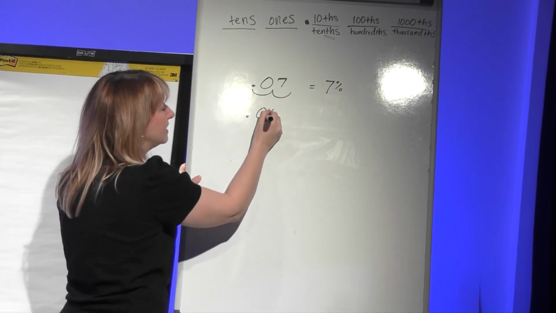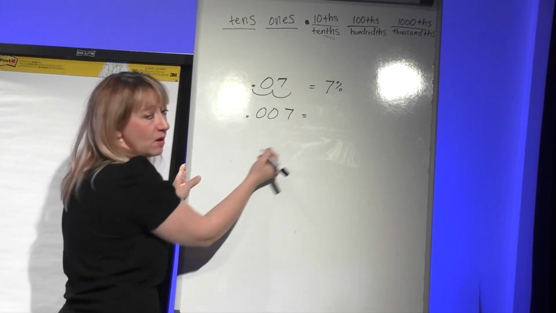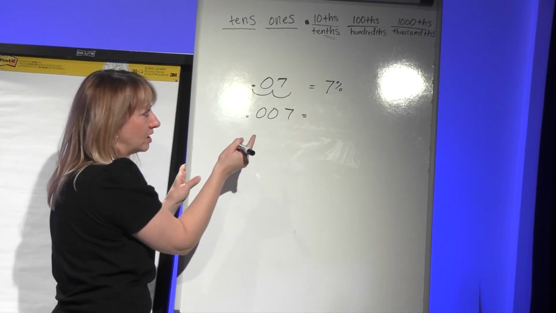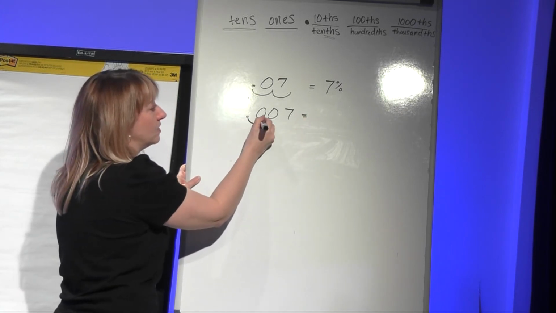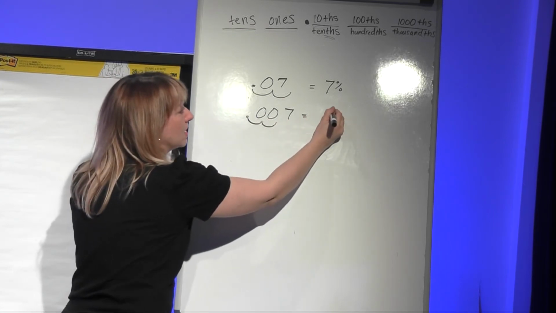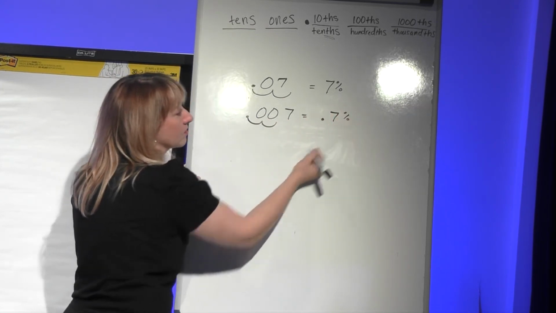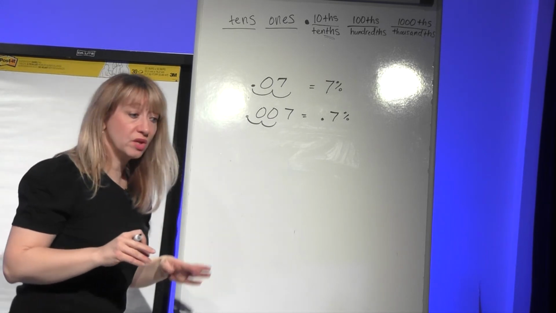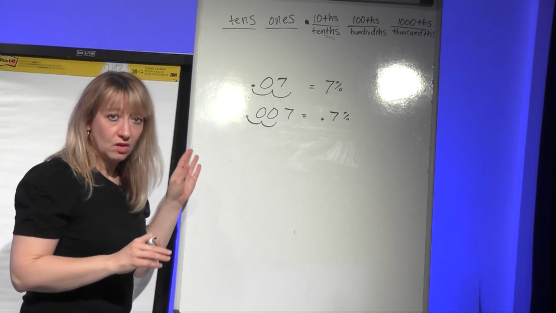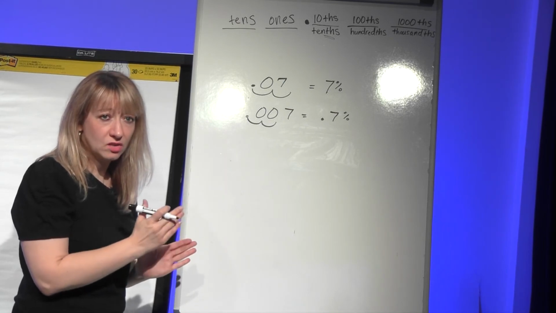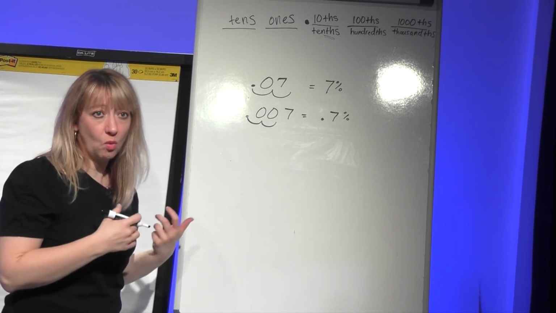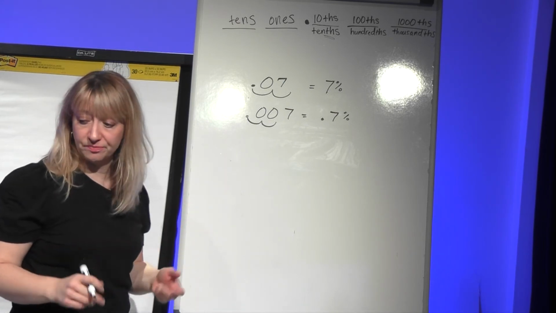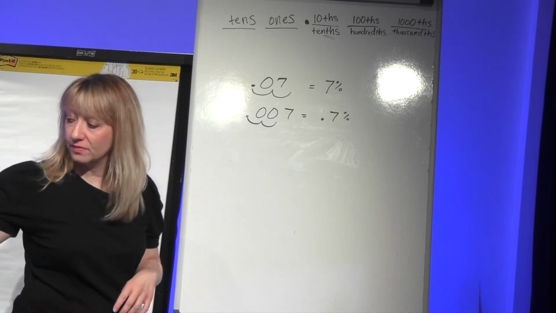If you have 0.007 and they want you to change it to a percent, you still move it 2 times to the right, so it would be 0.7%. So don't let it confuse you when you have a bunch of zeros or different numbers. It's always 2 times to the right, or multiply it by 100 when you're going from decimal to percent.